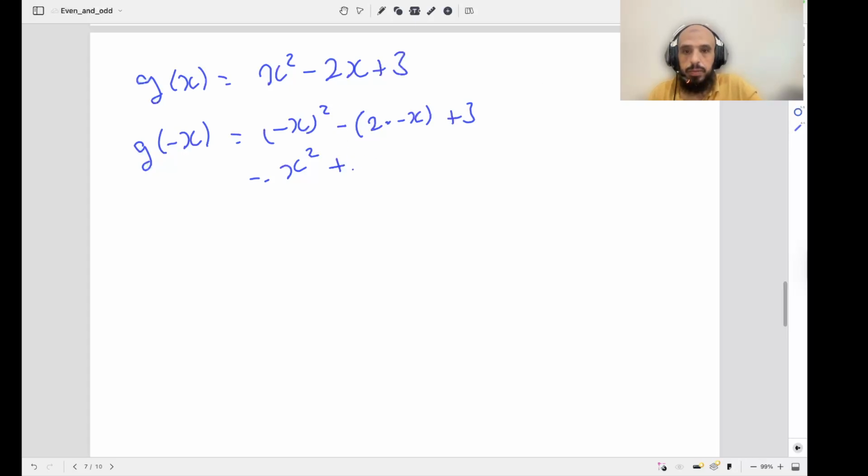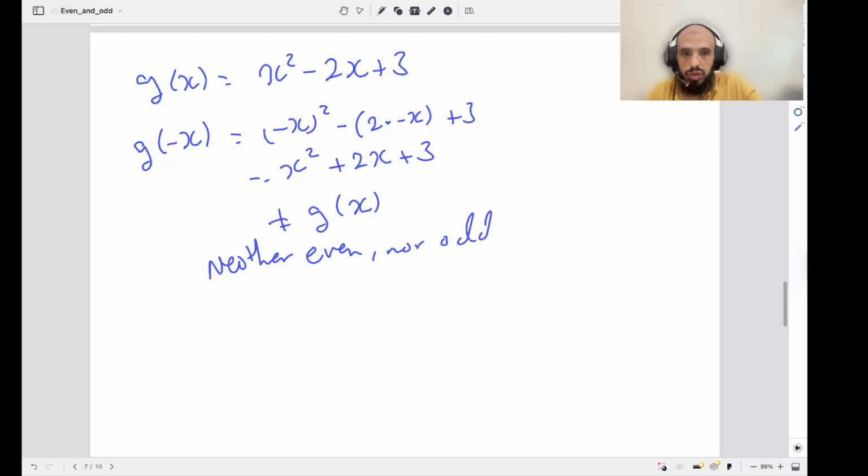This is not equal to g of x. So this function is neither an even nor an odd function.